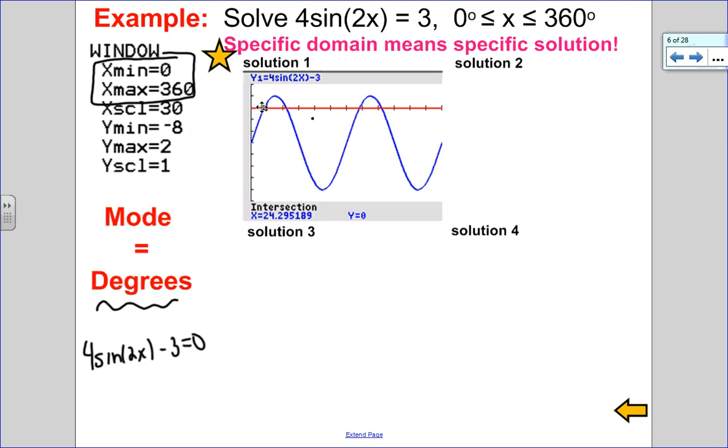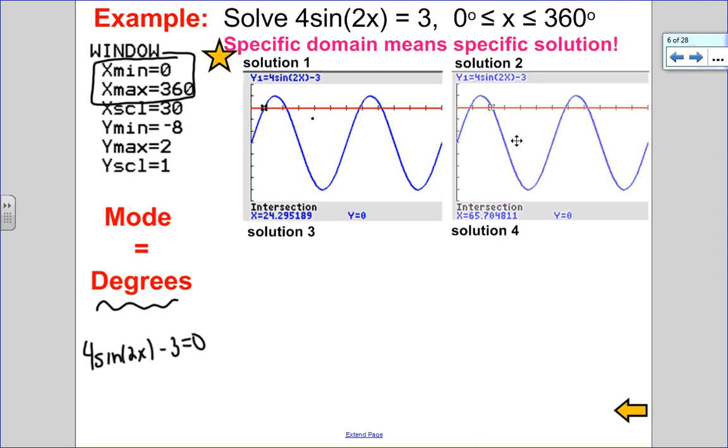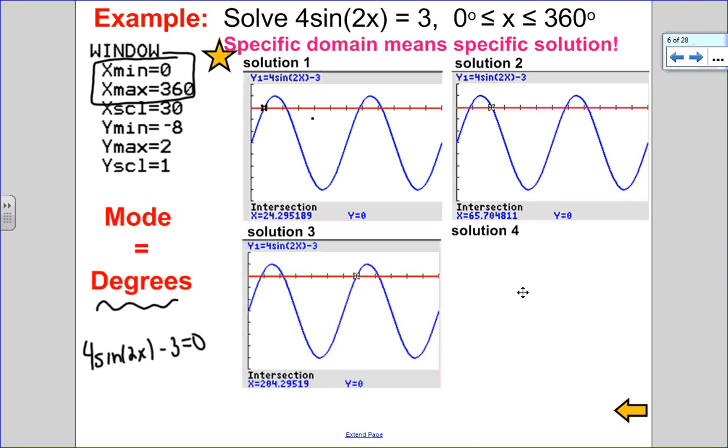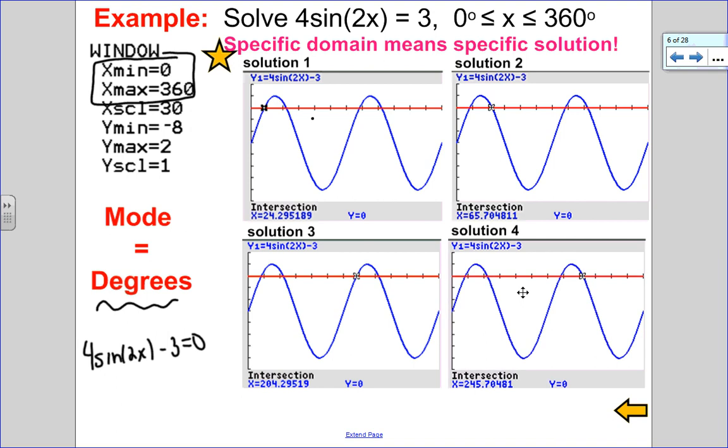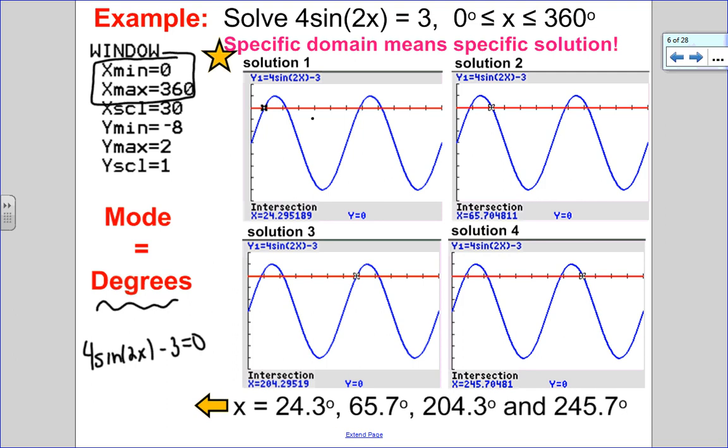And I can see there are 1, 2, 3, 4 x-intercepts up to 360, hence why I have 4 solutions. So I just find each solution one at a time, and then I can state all 4 of my solutions rounded to the nearest tenth. So that specific domain has 4 specific solutions. I rounded them all to the nearest tenth.